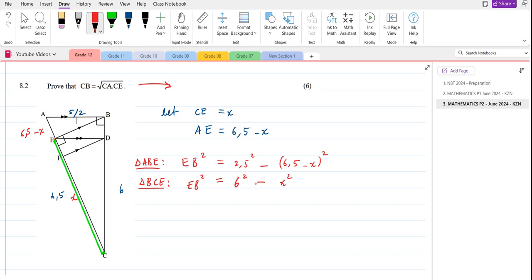So I think we should be equating these two and find the value of x. This implies 2.5 squared minus 6.5 minus x all squared is equal to 36 minus x squared.